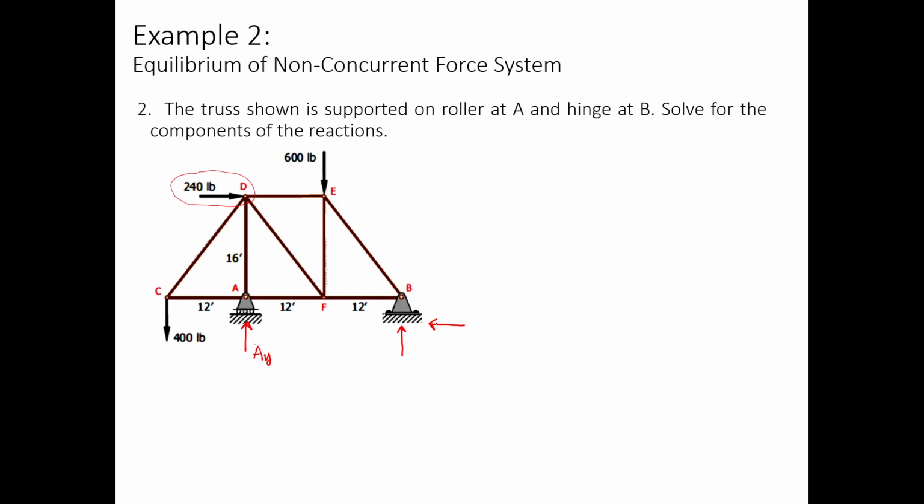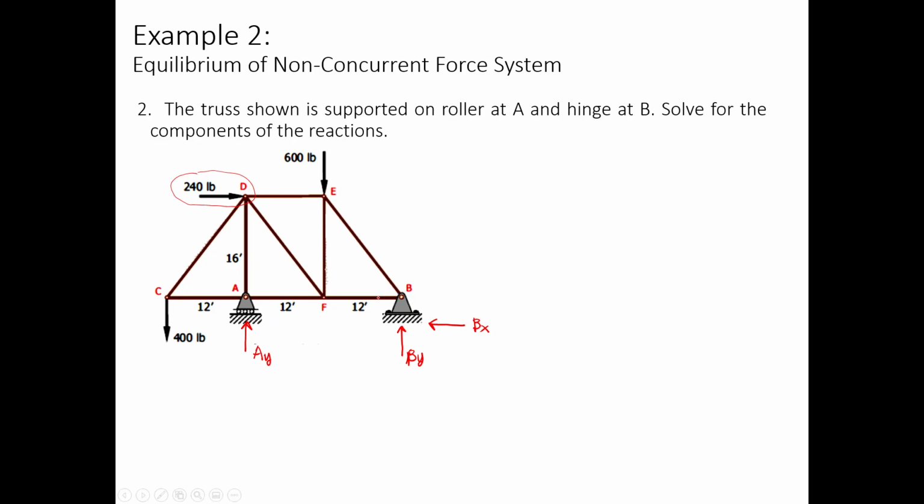So for it to be in equilibrium, it has to oppose that direction, going to the right. So this one should be going to the left. Then this one is B sub y.